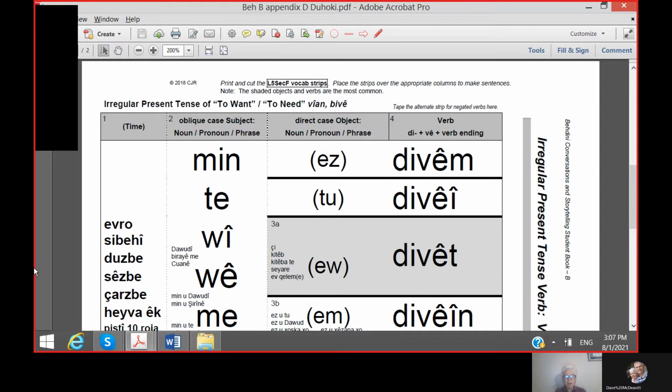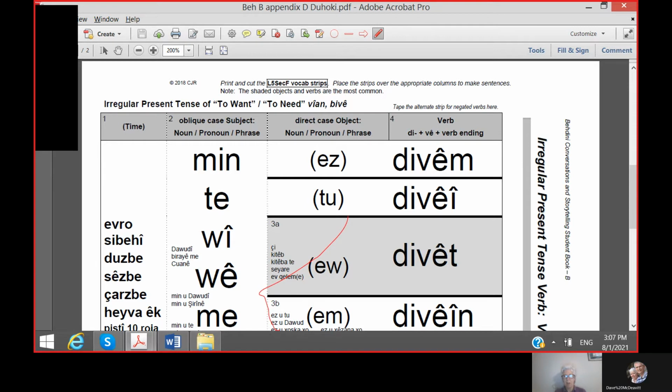And just remember to stay in line. And it all depends on your object. So if your object is third person singular, like it, or book, or something like that, then you're going to have debate as your verb.